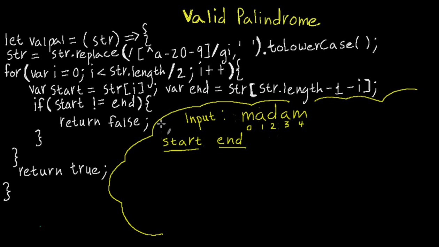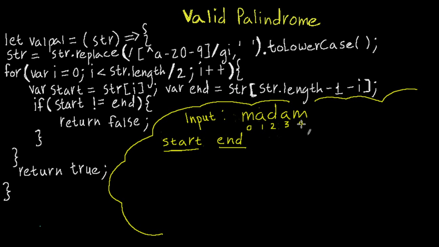Now, to traverse our input string, we use a for loop, and by virtue of using 2 pointers, we're going to be traversing both halves of the string at each iteration. So I have my example input here, madam, and I use 2 pointers, which I've named the variables start and end. Start starts with the first index, the first element, and end starts with the last element and the last index.